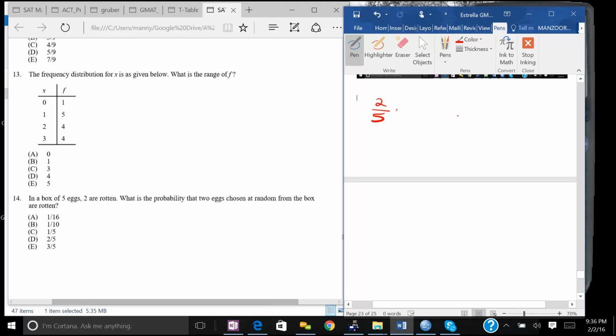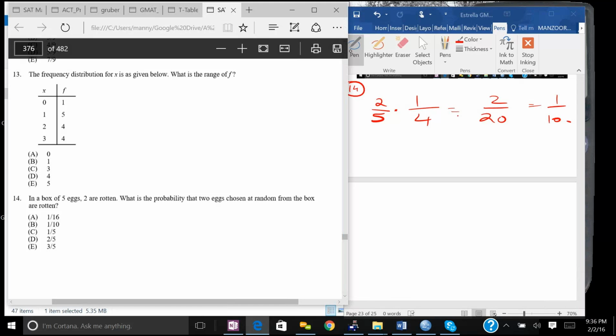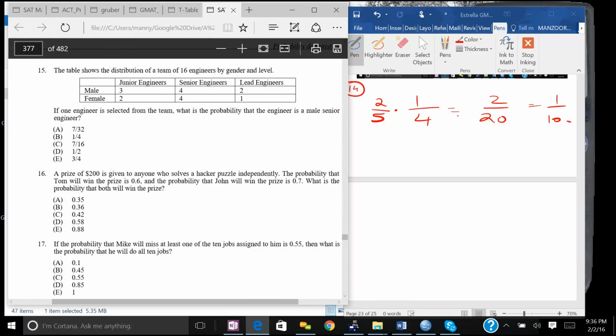And if it's the second egg, that's also independent. You have 4 eggs left, okay? And how many rotten eggs are left? 1 out of 4, right? When you multiply it, that's 2 out of 20. It is 1 out of 10. Make sense? Yeah, it does make sense. Okay, how about this? 15.